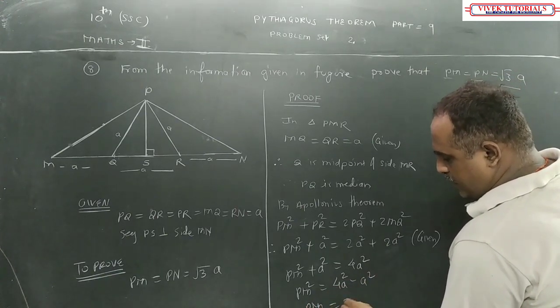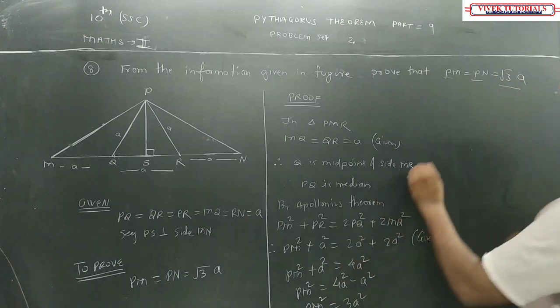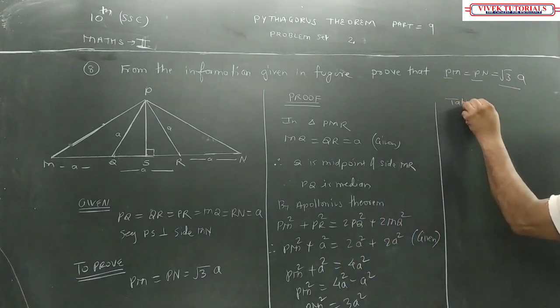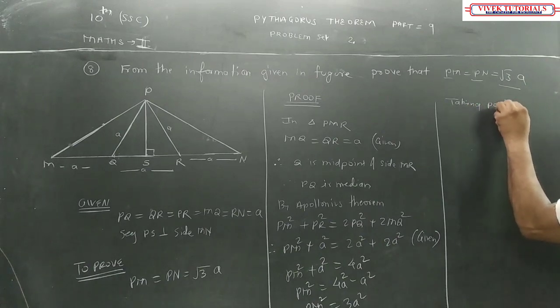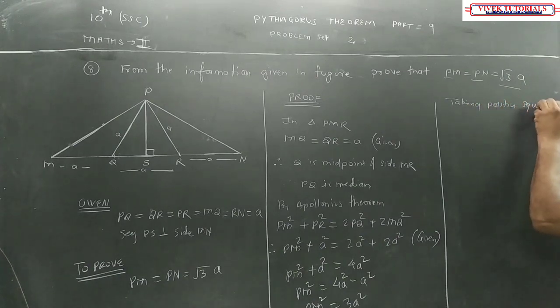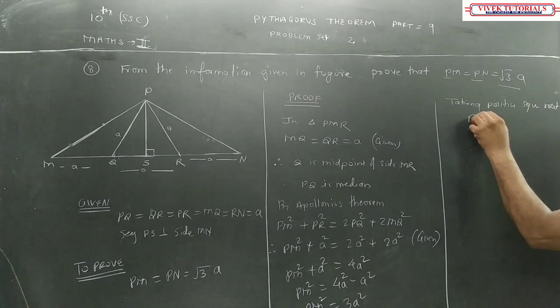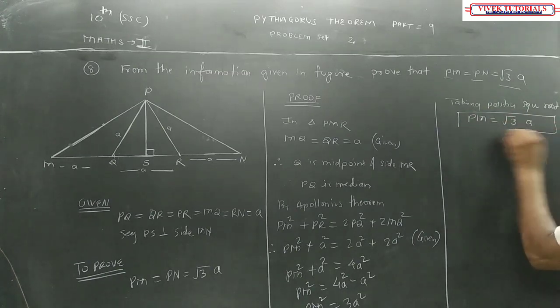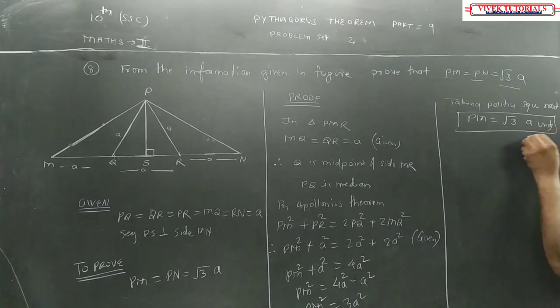PM square is equal to 3a square. Taking the positive square root, PM is equal to root 3 a units. And I'll take it as equation 1.